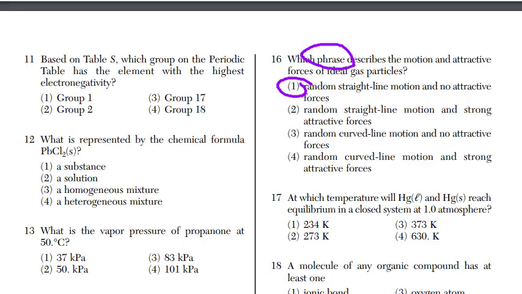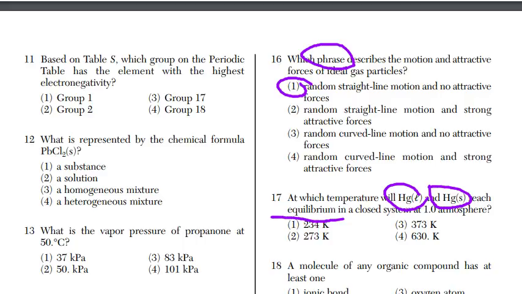All right, for 17, it's asking which temperature will mercury as a liquid and mercury as a solid reach equilibrium in a closed system. Well, if you've got a liquid and a solid present, we're dealing with, of course, the melting point, or we could also call it the freezing point. Don't guess.